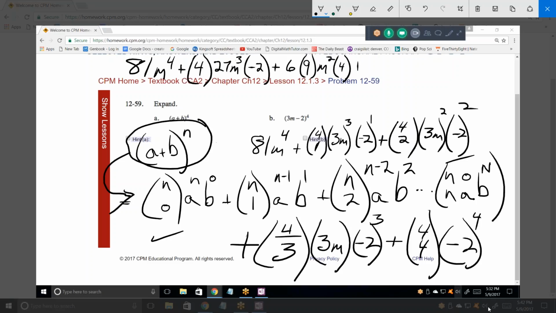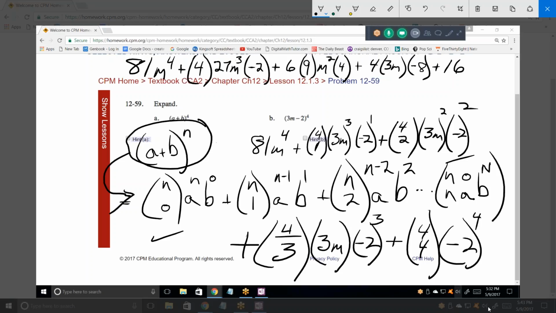And the next term, 4 choose 3, which is 4, times 3m. What's minus 2 cubed? Minus 8. And finally, the last term, we know that 4 choose 4 is 1. Minus 2 to the 4th is 16.